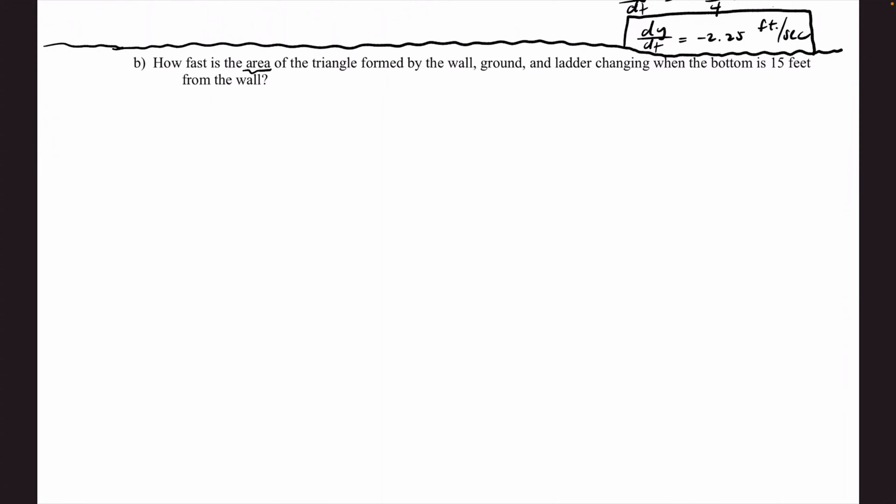So the formula that relates everything won't be the Pythagorean theorem. Now it's going to be the area of a triangle. What is the area of a triangle? Half base times height, or base times height divided by 2. Either one's okay.